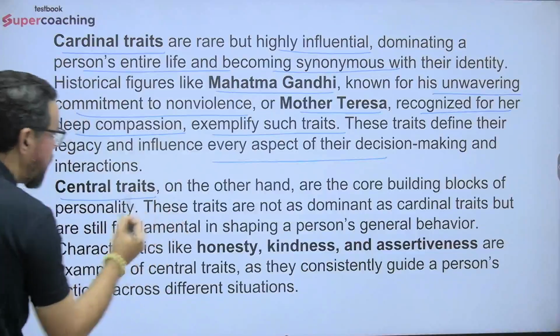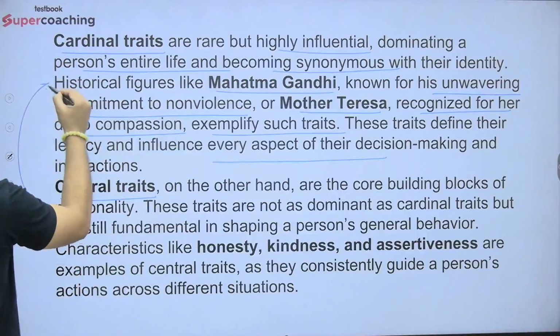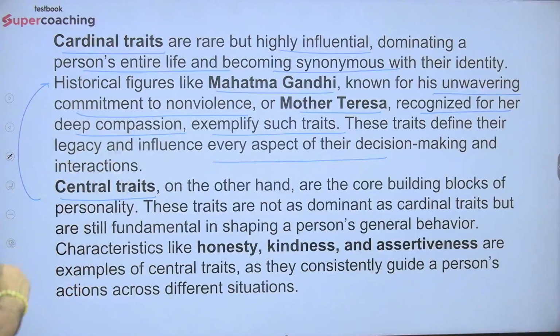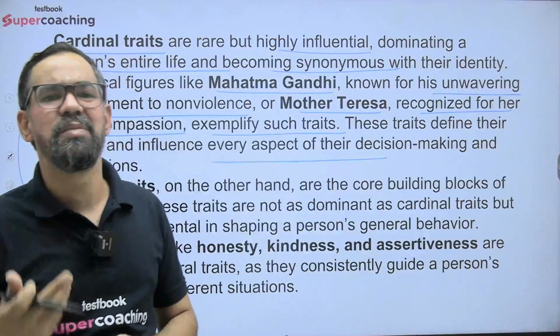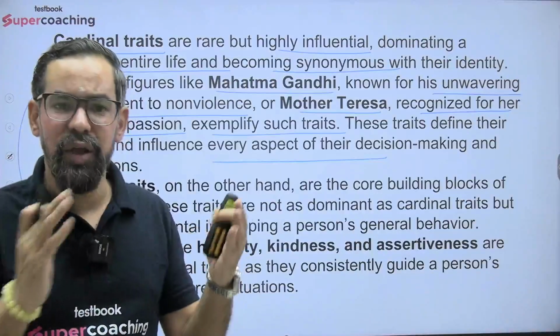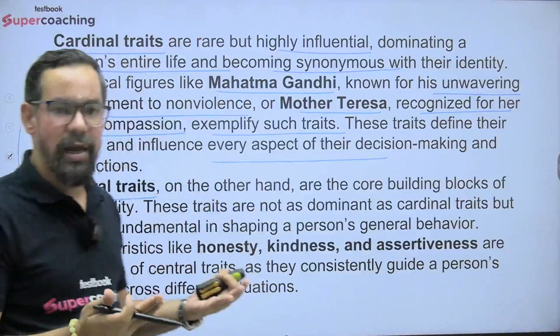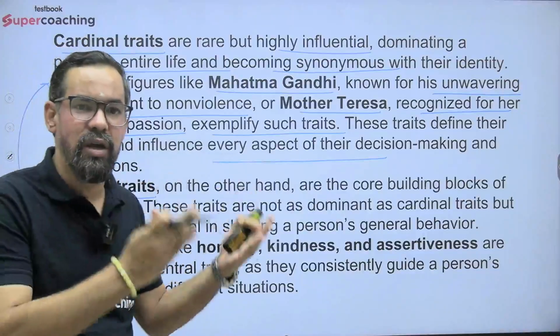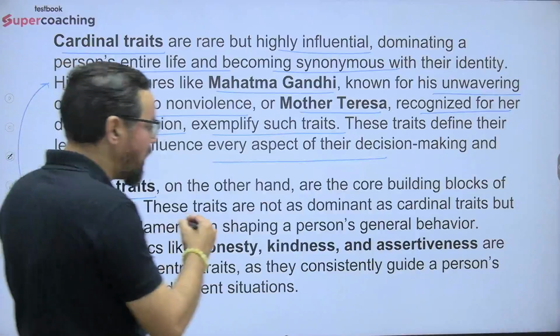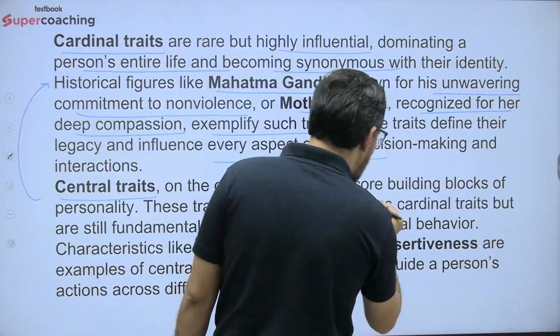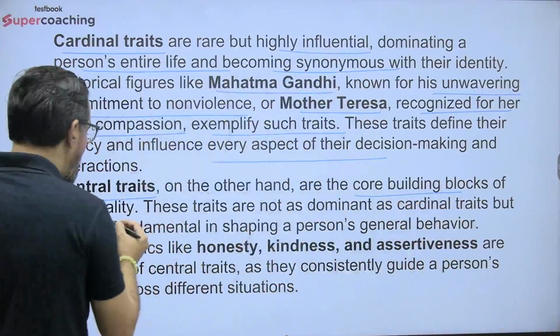Central traits are mostly around these cardinal traits. If a person believes in non-violence, that means the person also believes in equality, fairness, honesty and all those kinds of things. So equality, fairness and honesty are the central traits in that particular case. These are the core building blocks of personality.